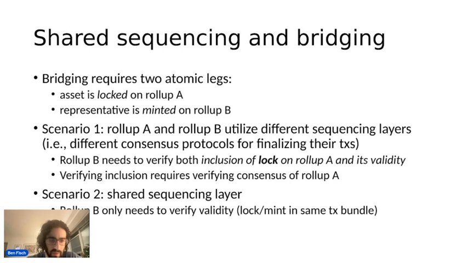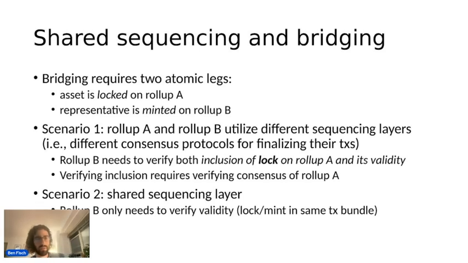In other words, different consensus protocols for finalizing their transactions. In that case, in order to implement a bridge, rollup B would need to verify both the inclusion of the lock on rollup A and also its validity. And verifying inclusion means that you would need to implement in the bridge contract on rollup B some way of verifying the consensus of rollup A.